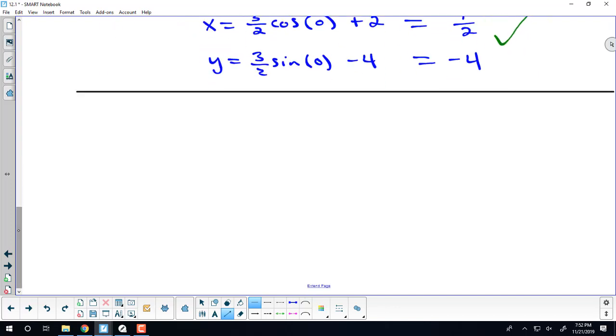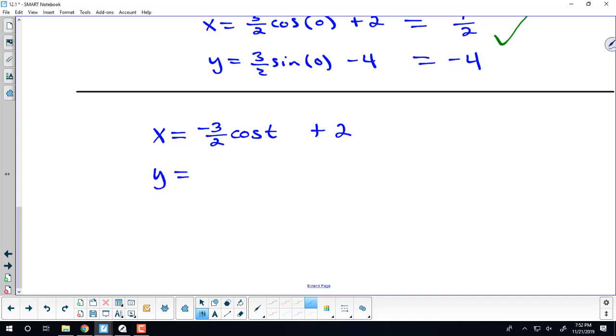So that's one thing that works, another one that works, I only came up with one other one. If we said that x was -3/2 cosine t plus 2, and y was 3/2 sine t minus 4, with t ranging from pi to 3 pi, that also works.